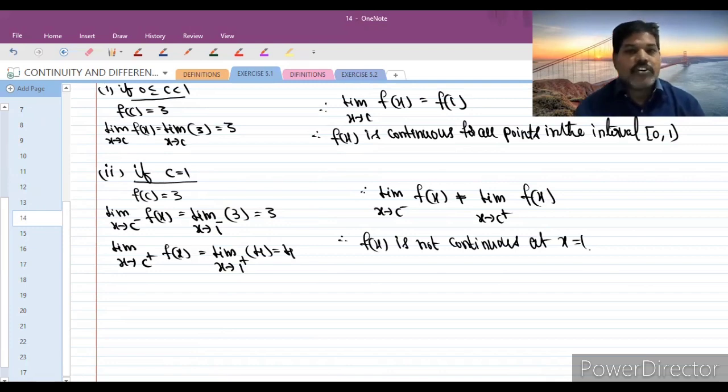At x = 1, the function is discontinuous. That is case 2.